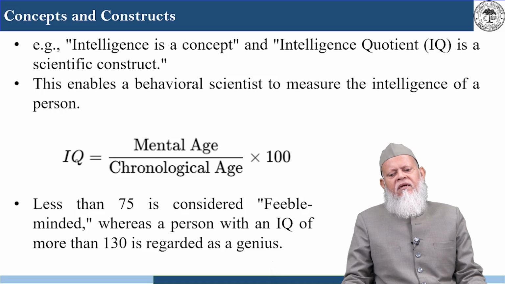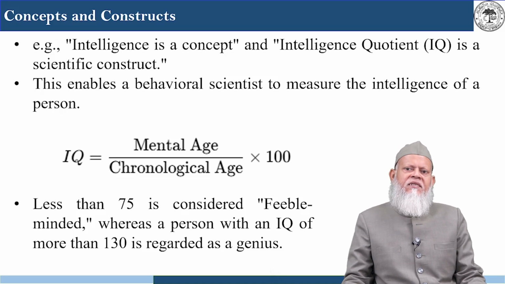But then, intelligence quotient, that is IQ, is a scientific construct, because this enables a behavioral scientist to measure the intelligence of a person given by the formula here. Less than 75 is considered feeble-minded, whereas a person with IQ over 130 is regarded as genius.